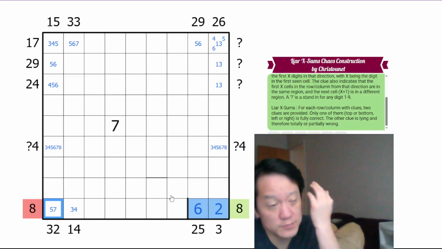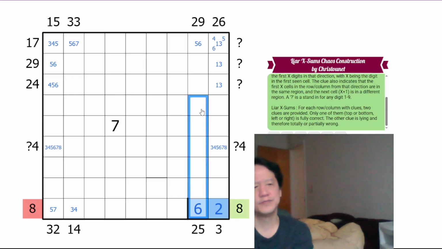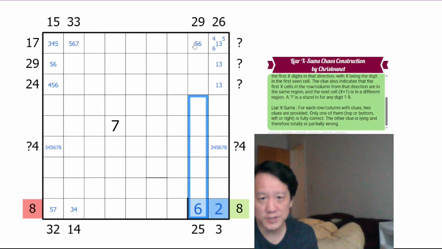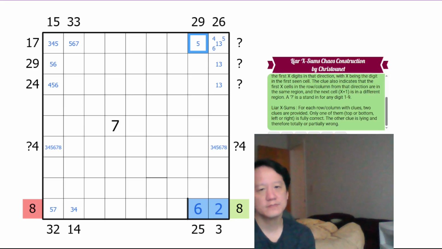Can you have 6 digits here and be valid? Okay, so we know this can't be 6. That's interesting. Six digits adding up to 25 with a 6 and without a 2.